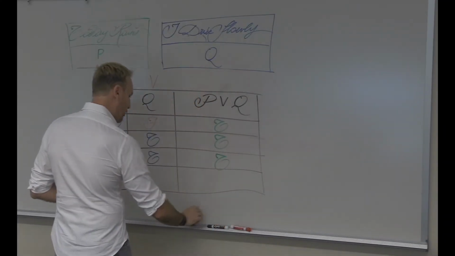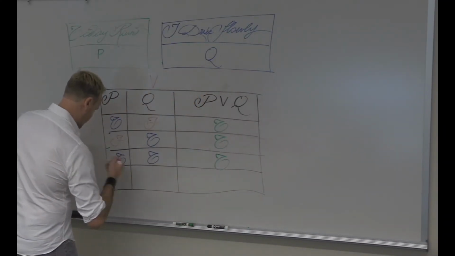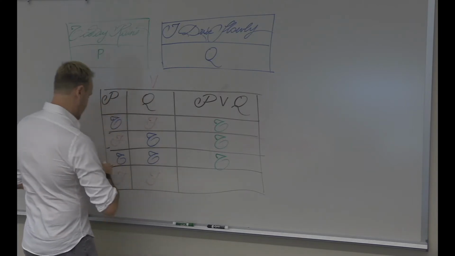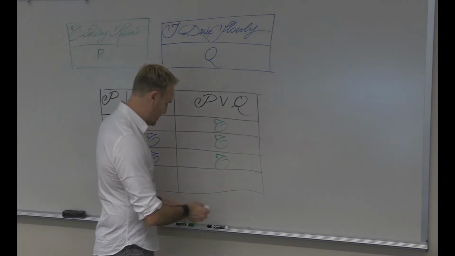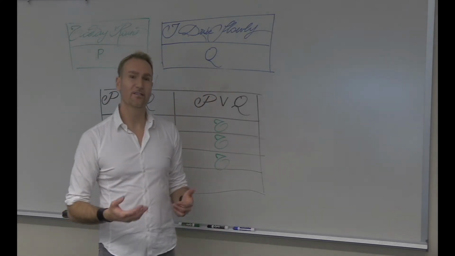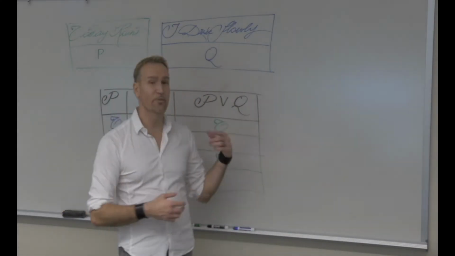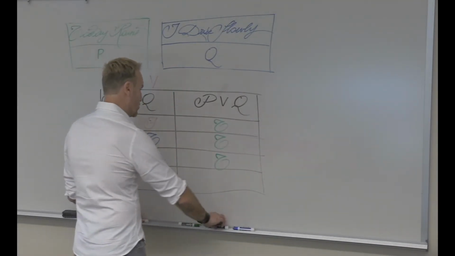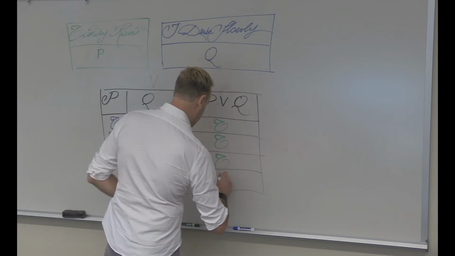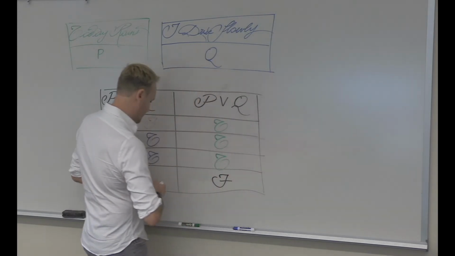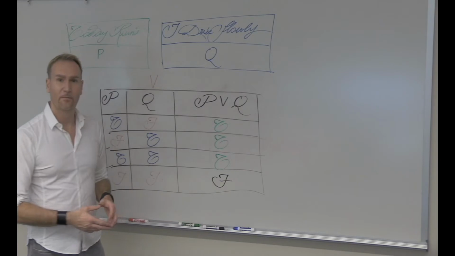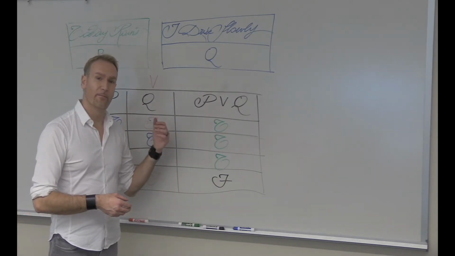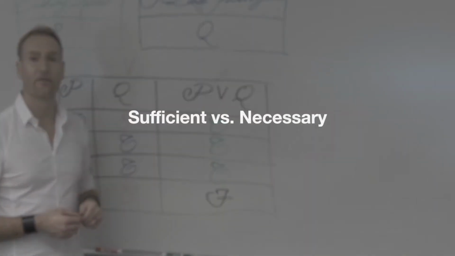What if they're both false? Well, in this context, since at least one has to be true because of the disjunction, this statement turns out to be false. All right? And this is how you create a truth table for conjunction and now for disjunction.